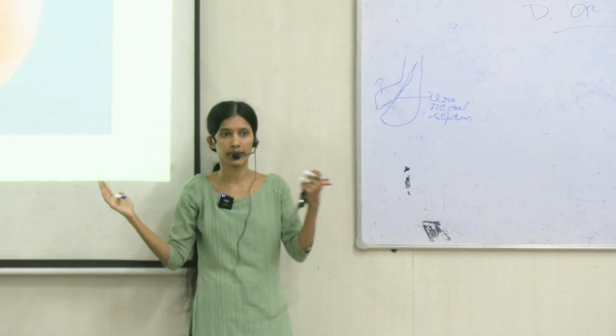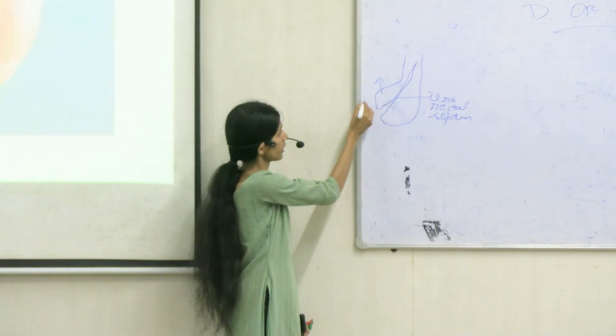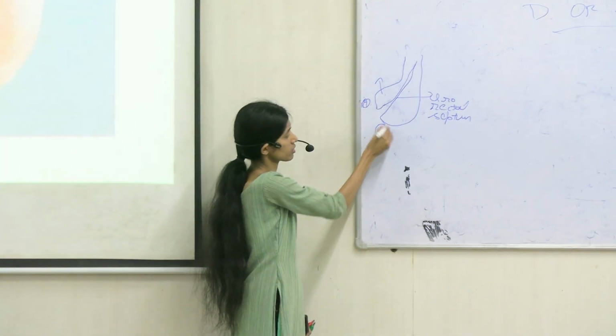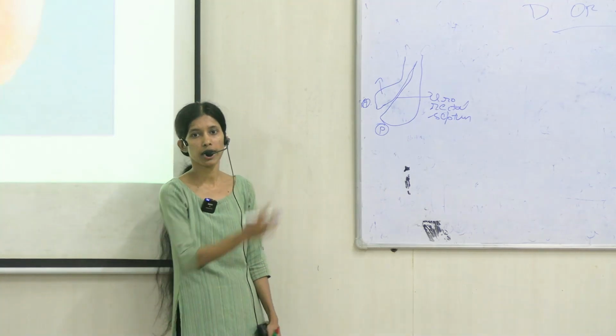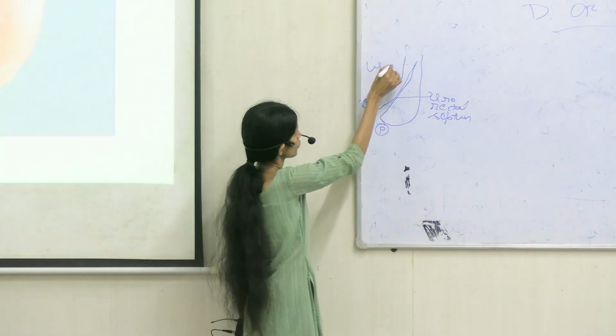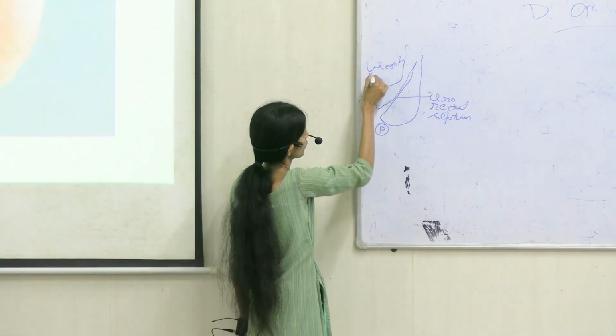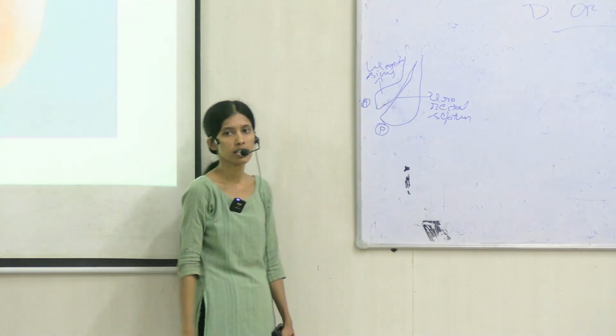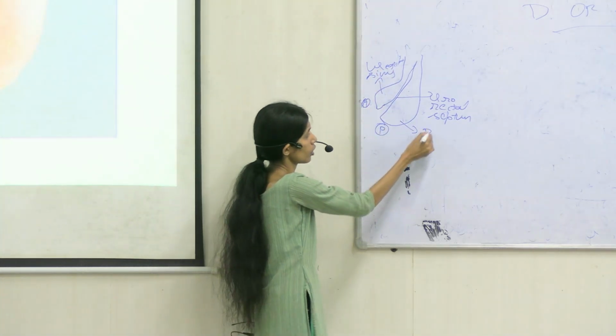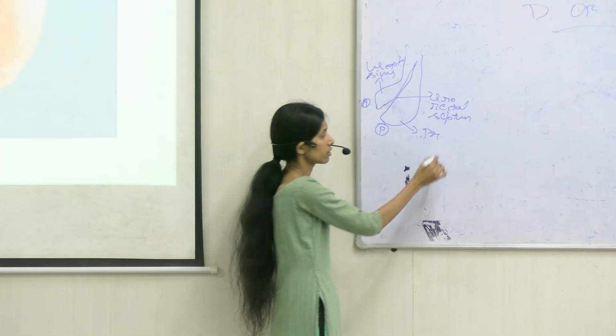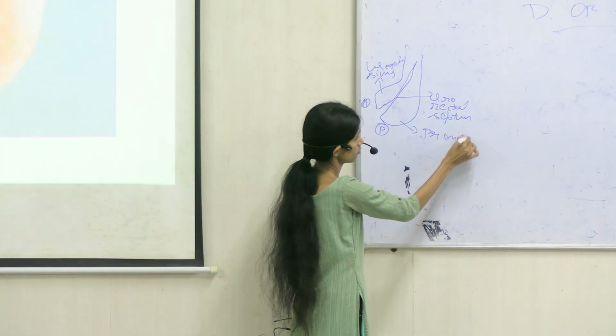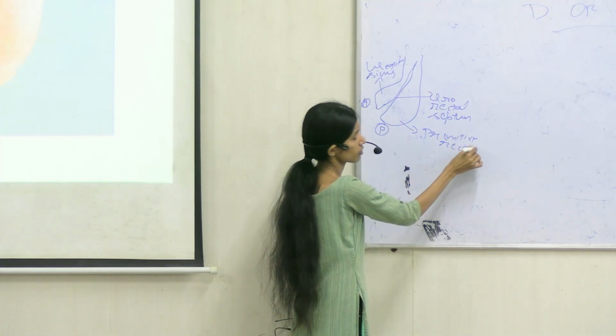Don't think like right and left. This one is the anterior part and this one is the posterior part. The anterior part is called urogenital sinus, and the posterior part is called primitive rectum.